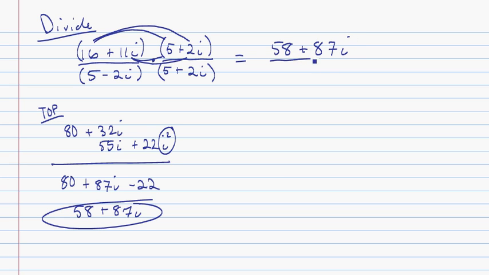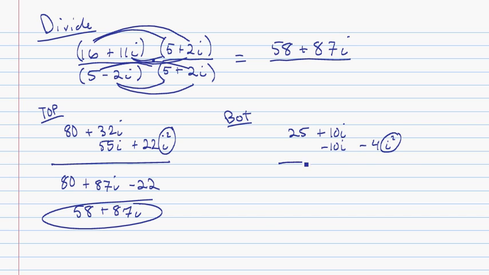Alright, so if I write my answer up here, I will just write that much. Okay, we still have to work out the bottom, so I'm going to write bottom here, and we're going to multiply out the bottom. So first I'm going to do 5 times 5, and then 5 times 2i. That'd be 25 plus 10i. On the bottom here, that would be a negative 10i, and then a negative 4i squared.